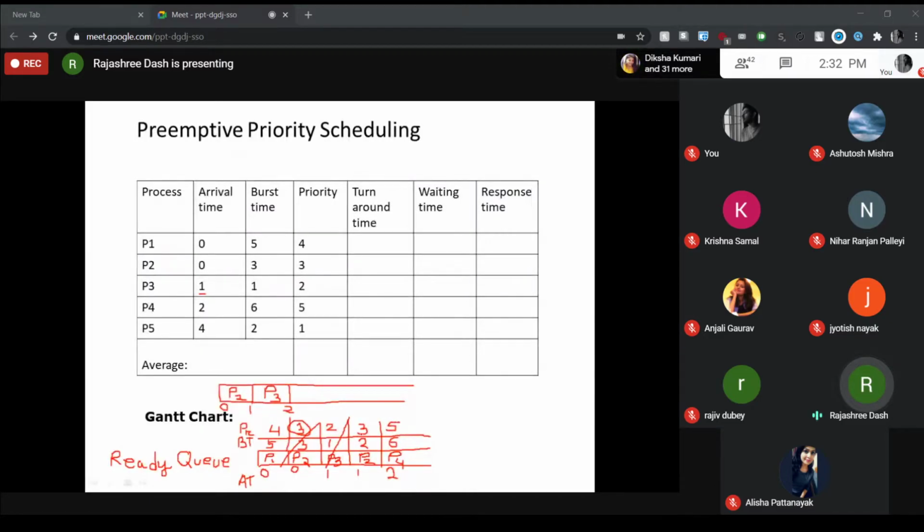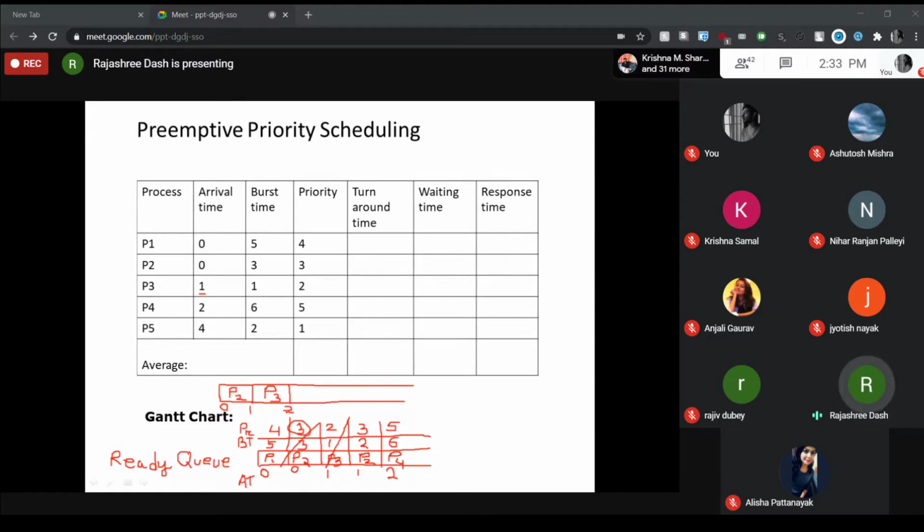Now just check, as the burst time of P3 was 1, so 1 plus 1, 2. By 2, P3 has already completed its execution. So no need to compare the priority of P3 with the priority of P2, because by that time P3 has already completed its execution.